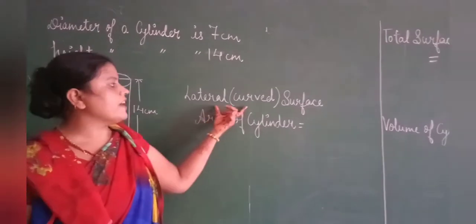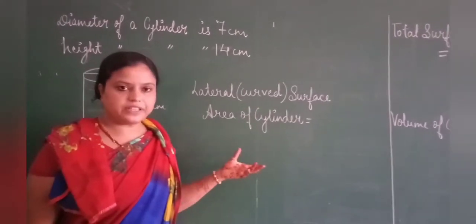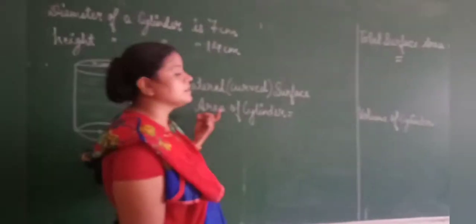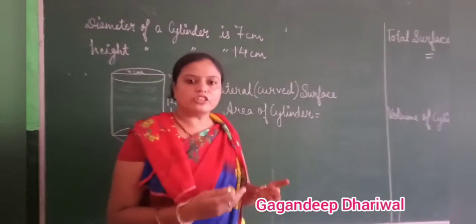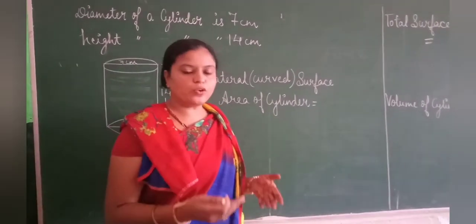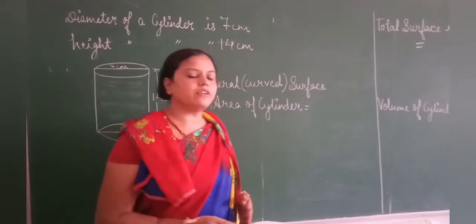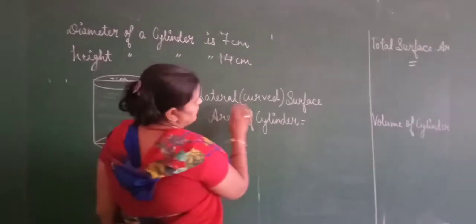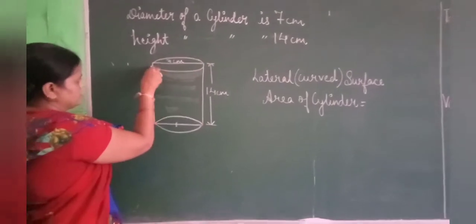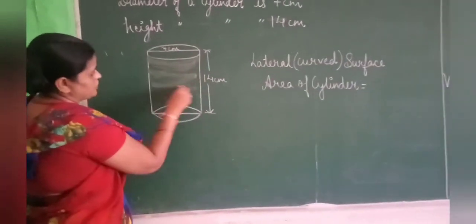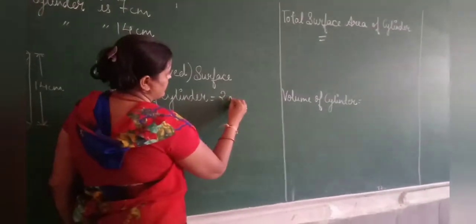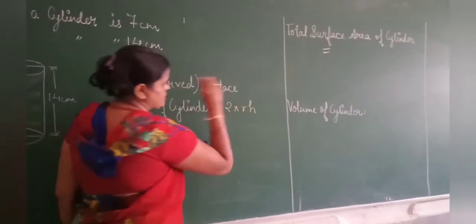For finding the lateral surface area, total surface area or the volume, we need the radius. As you know, for the radius we divide the diameter by 2, or the diameter is twice the radius. The lateral or curved surface area of the cylinder, the area of this portion, is 2 pi r h.